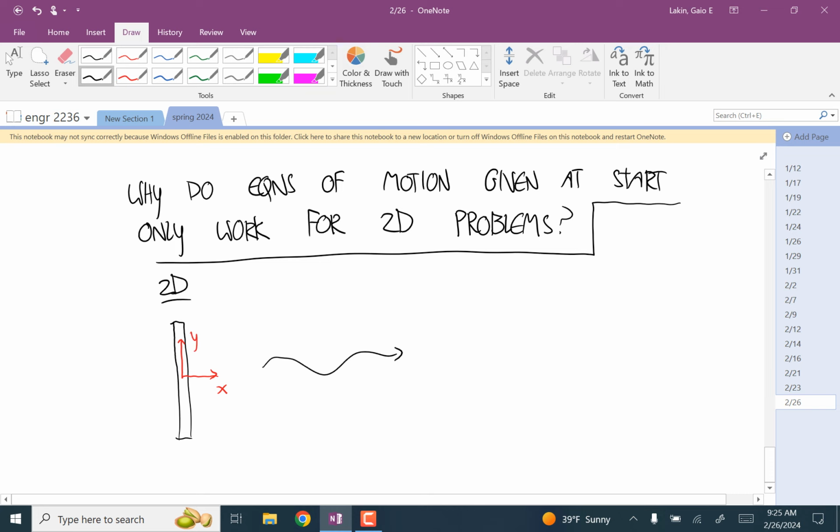And then at a later instant, it's in this orientation. And all the rotations are happening about the z-axis.